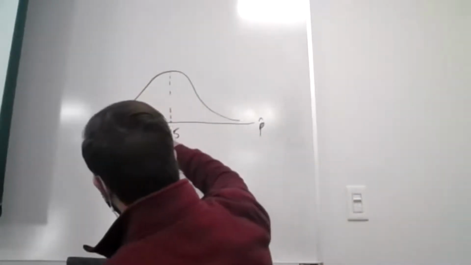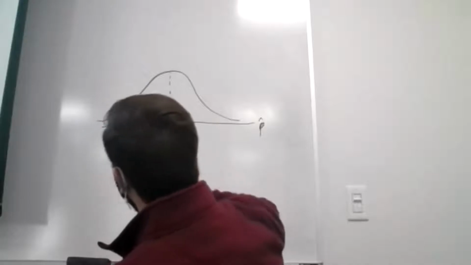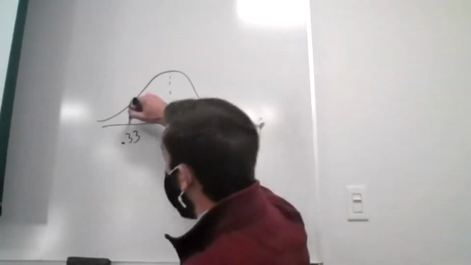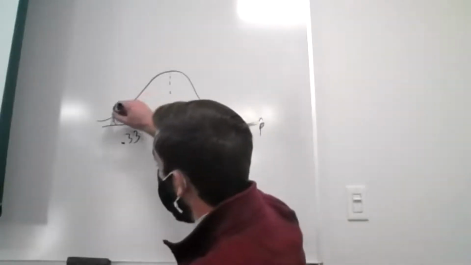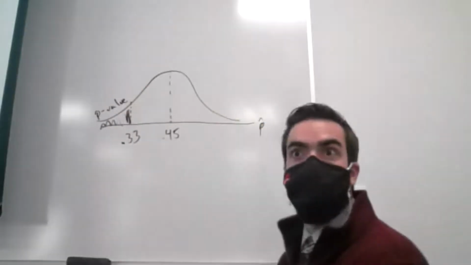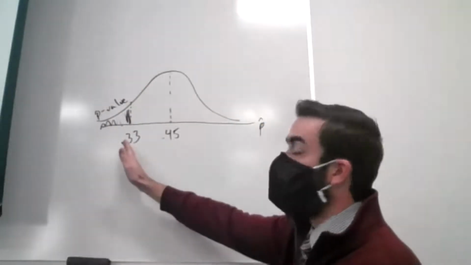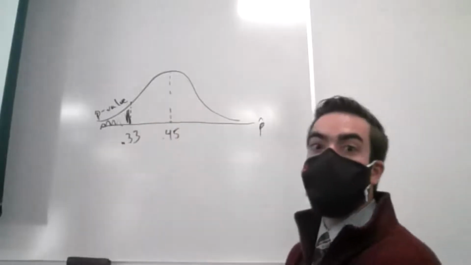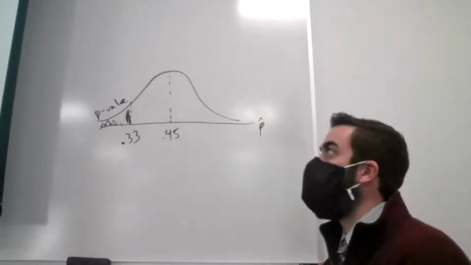We found this sample proportion of 0.33. If we're doing this left-tailed test, we do the p-value approach. The area to the left of that is our p-value, right? Because it's the probability that we saw something this far away from the assumed true value or anything further that went against the null hypothesis.